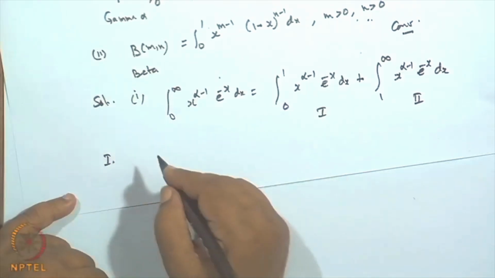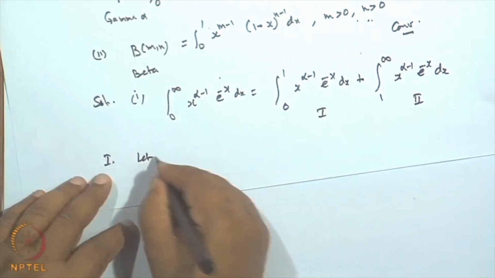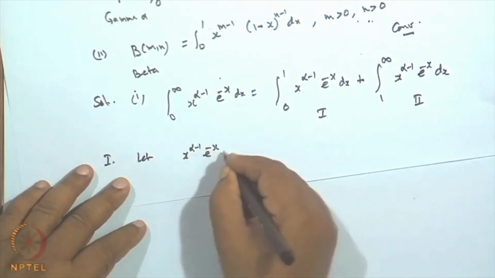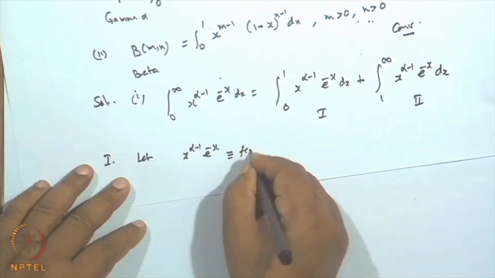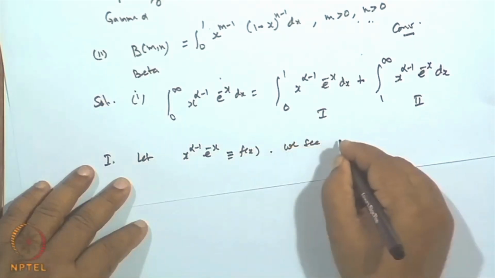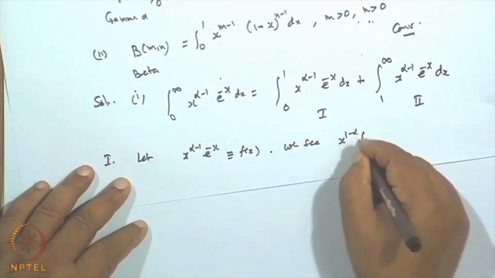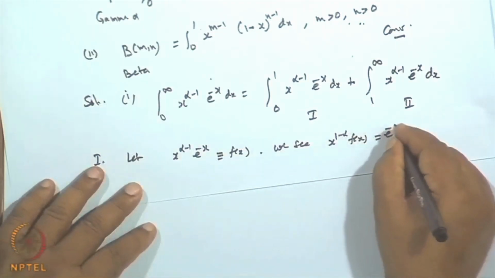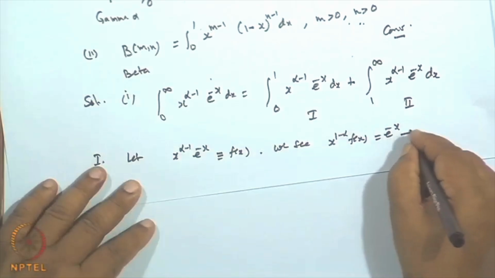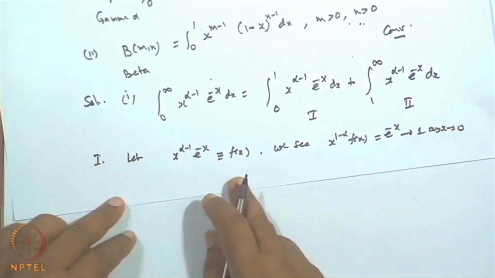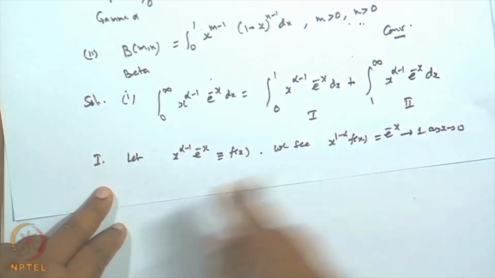Now first we check the first integral. Let us denote x to the power alpha minus 1 e to the power minus x as f(x). So what we see here is that x to the power 1 minus alpha times f(x) is equal to e to the power minus x, and that goes to 1 as x tends to 0. Therefore this integral is convergent.